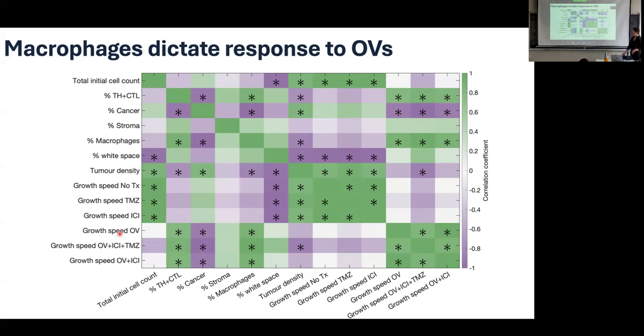We wanted to know what really seems to be a determinant of something that is targetable on treatment. And it turns out that in the OV case, the percentage of macrophages that you have is quite important.